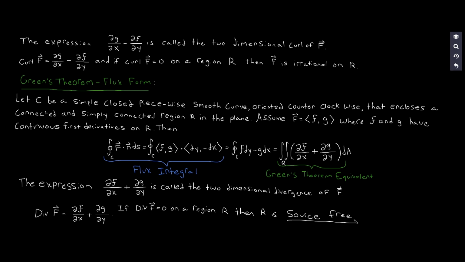All right, so a couple things to unpack there. The first thing I want to say is that in vector calculus, divergence is not the same thing as what we had in calculus 2, when we had divergence and convergence with summations.